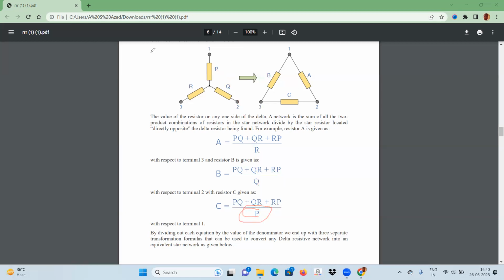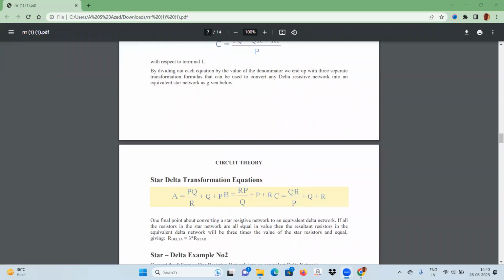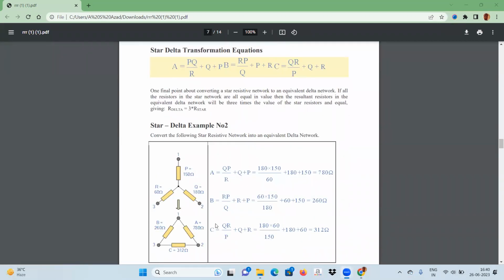Okay. Now we will see the example of this. This is star and this one is delta. If you want to convert, then what will this formula be?